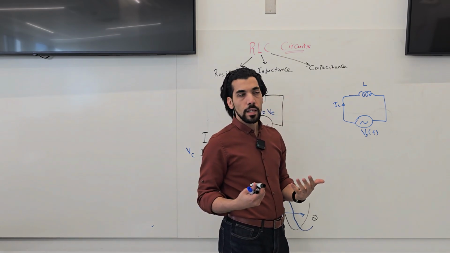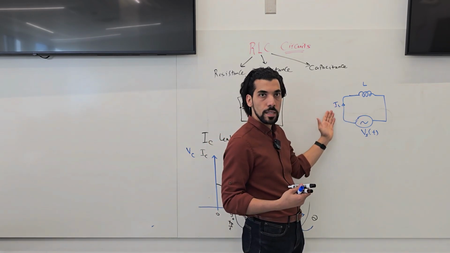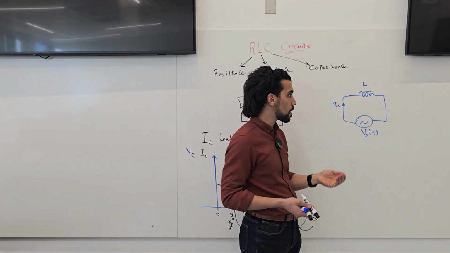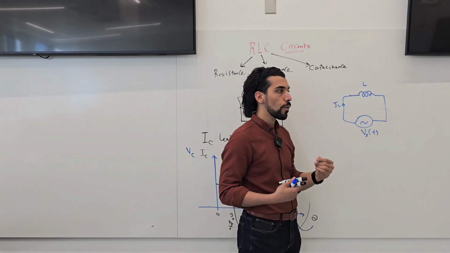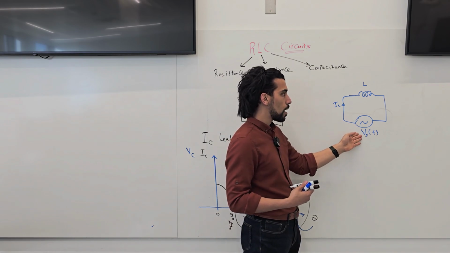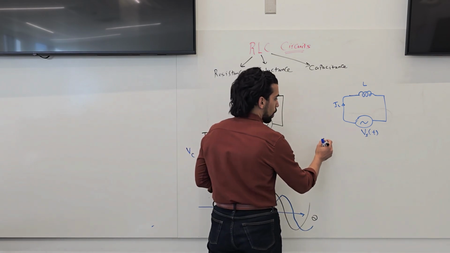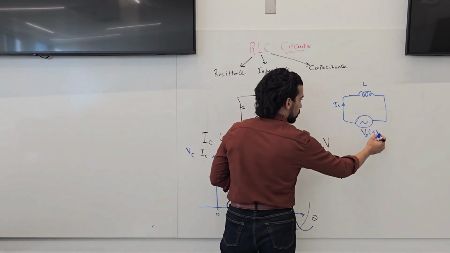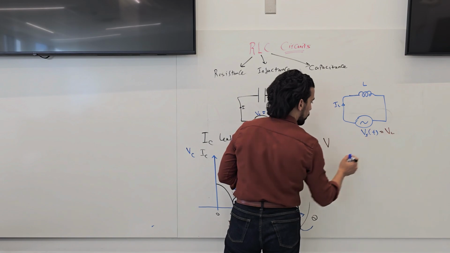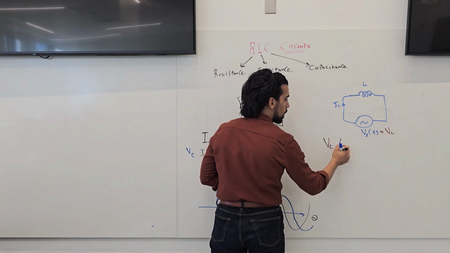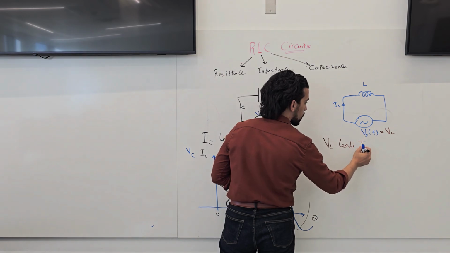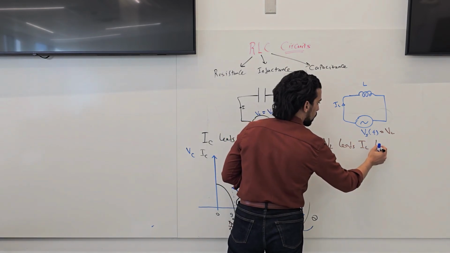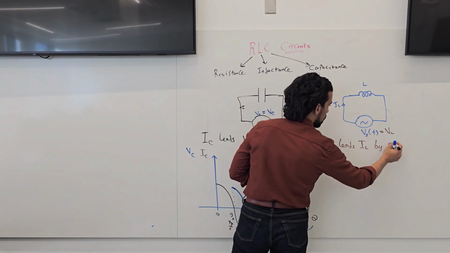So what does that mean? That this coil resists the increase or the rise of the current inside the coil, so it takes time for the current to go up, which means that the voltage in this case, which is here, is also equal to the VL. The voltage leads, comes first before the current inside the coil, by 90 degrees.